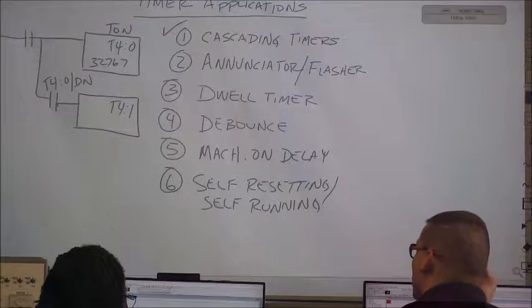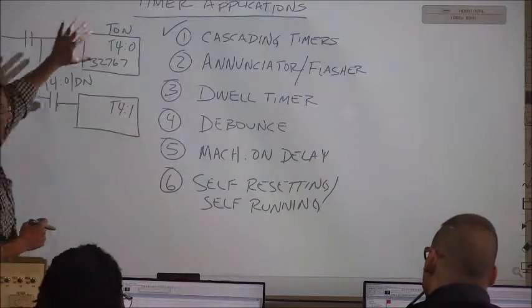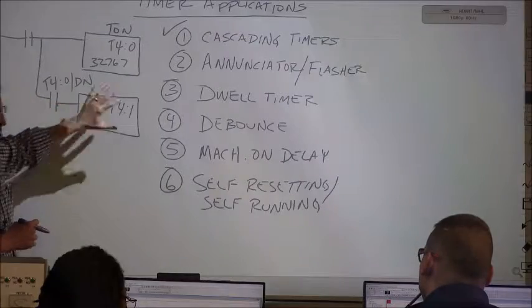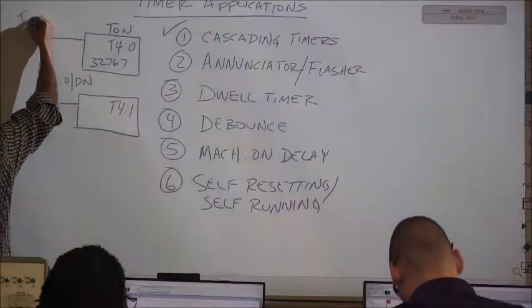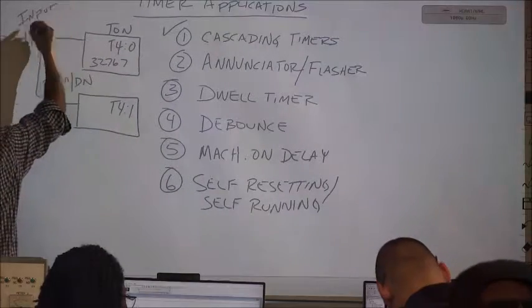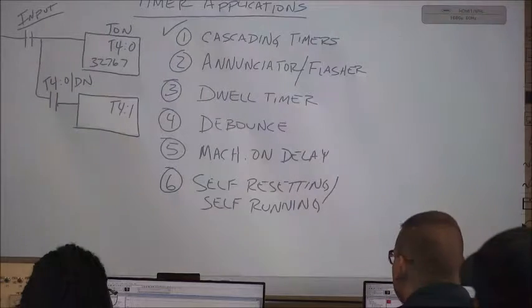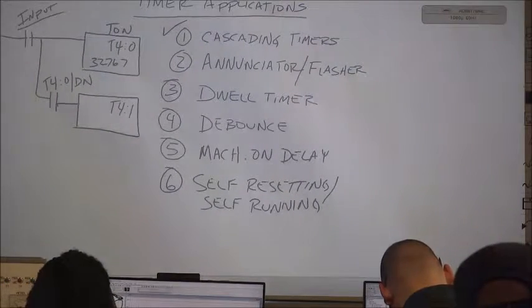So is it sequential reduction of time in a process? Yeah, the first one will time out, we get the done bit, and then it starts timing the next one. This is some input. Let's say we want machine time. 546 minutes.